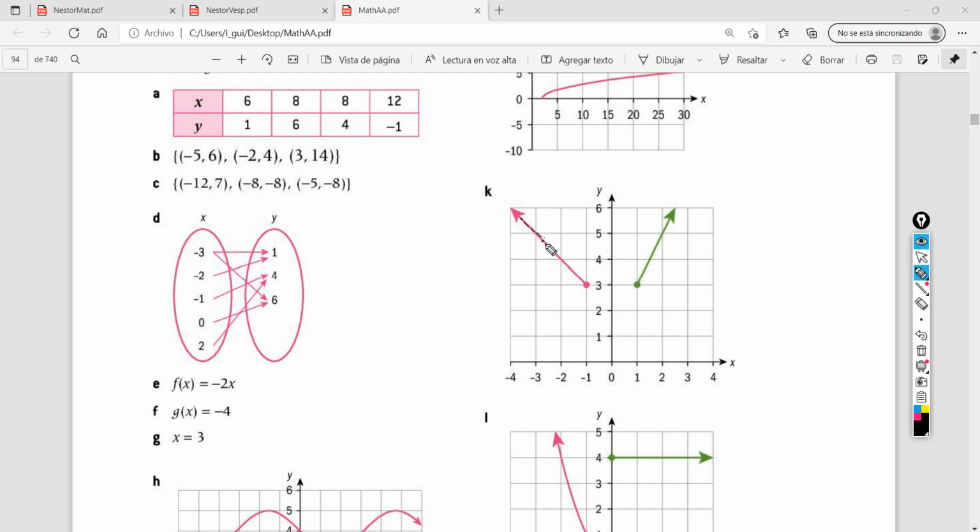All of these graphs are composed of points, which are ordered pairs. And so this set of ordered pairs plus this set of ordered pairs are in themselves another set of ordered pairs, so there's nothing really weird about this. What is this called? This is called a piecewise function.